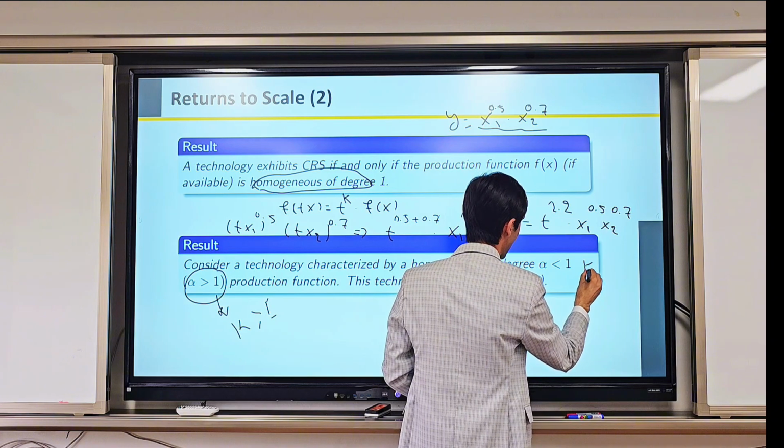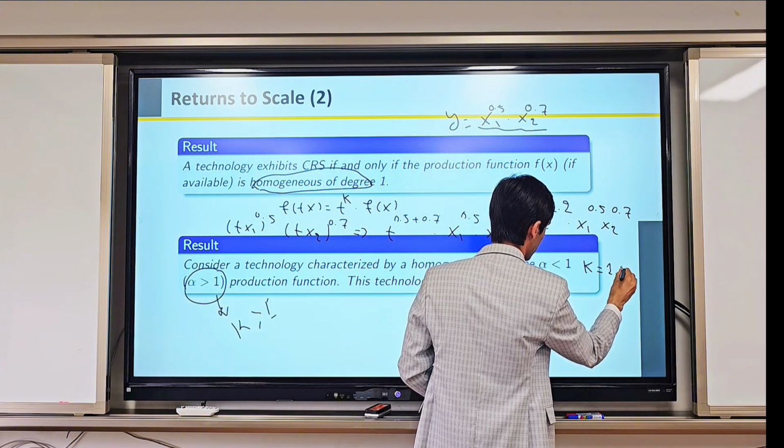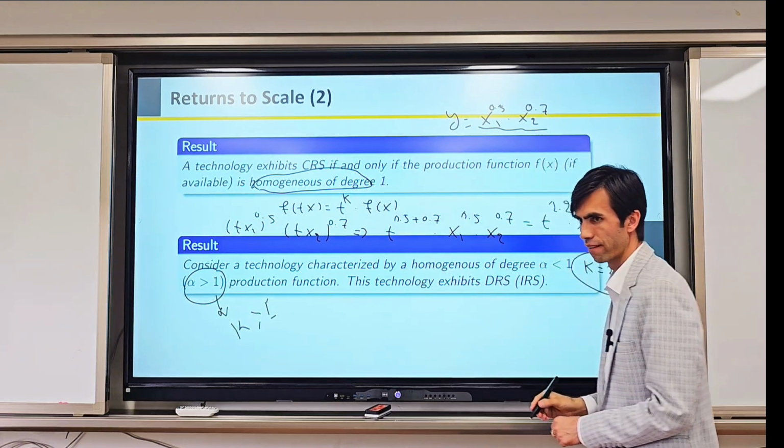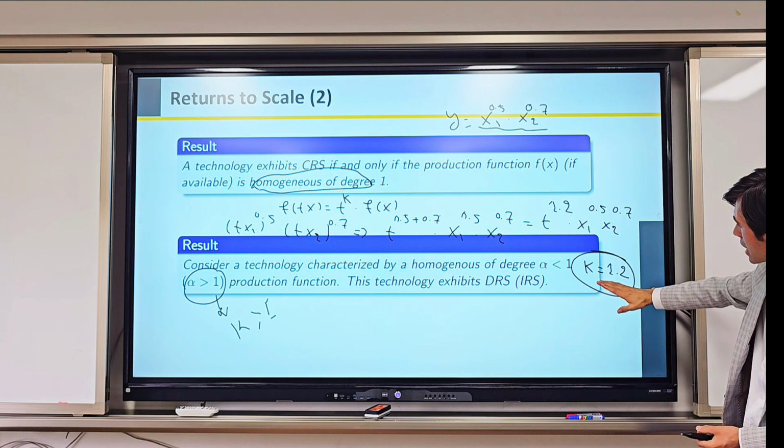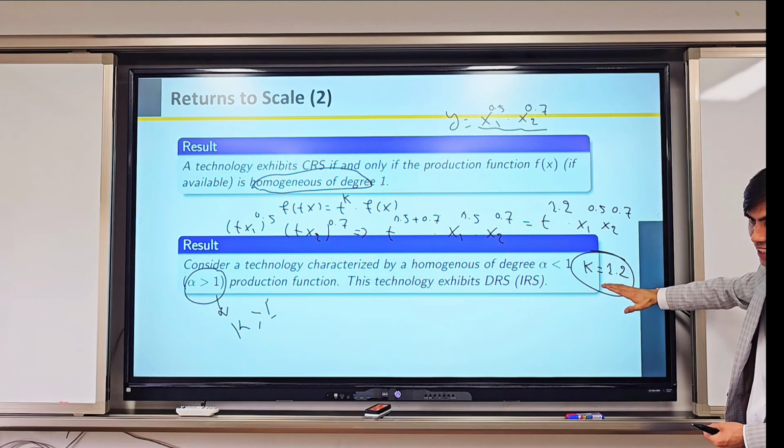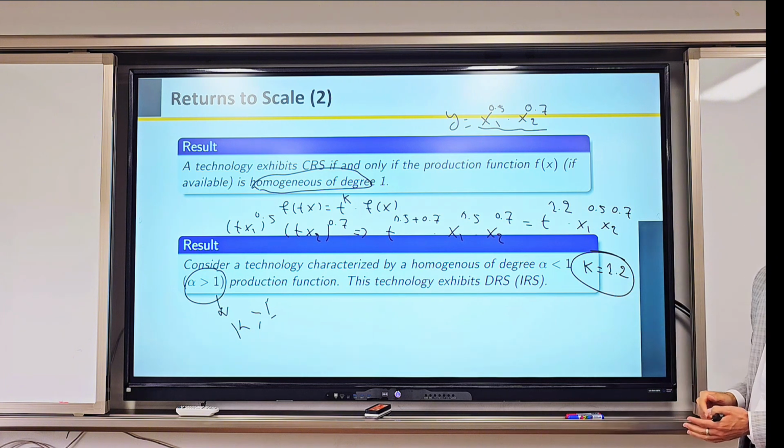Now our k is equal to 1.2. So when this is homogeneous of degree more than 1, what type of production function should it be? It should be increasing return to scale.